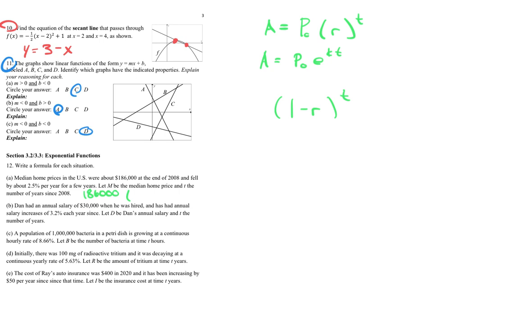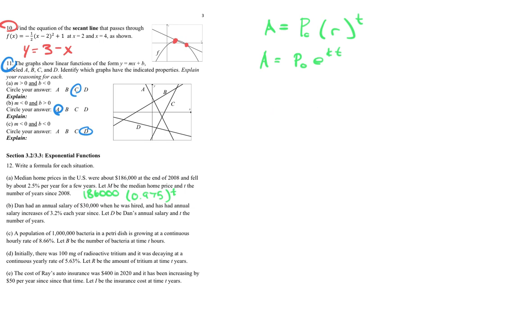So that gets us 0.975. You can either write it as 1 minus 0.025 or just have 0.975 to the t. So as t increases, the median home price should decrease per year.